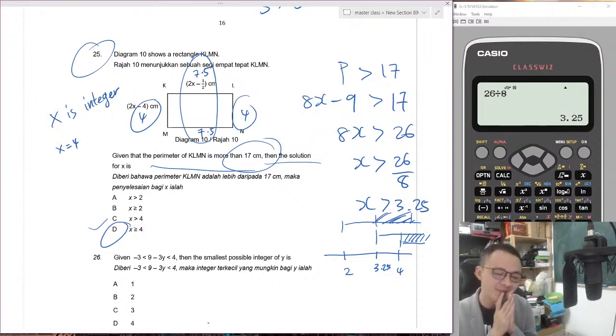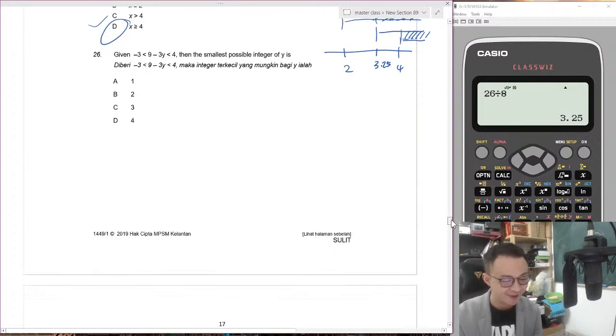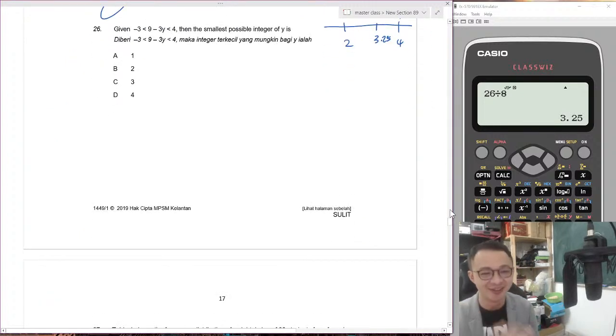But for me, because x can equals to 4, we already tried. When x equals to 4, we get a parameter more than 17 already. I will choose the best answer is D. Okay, I kind of agree with that.